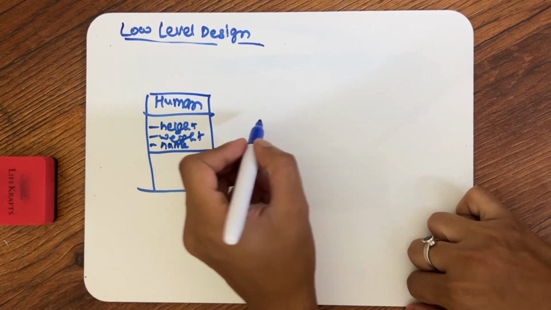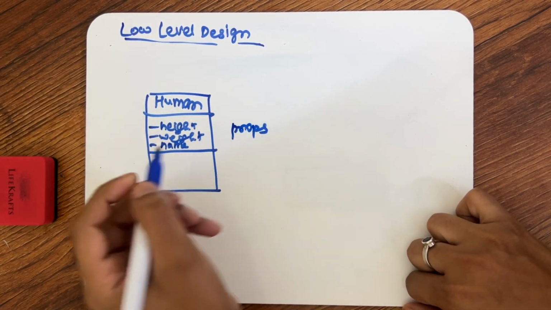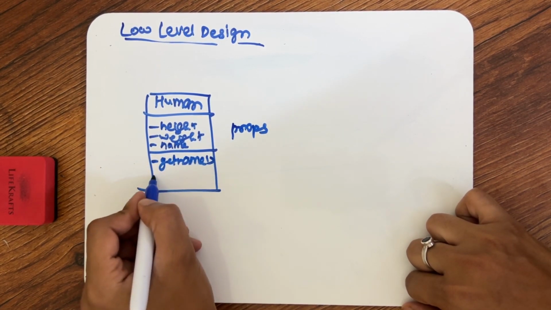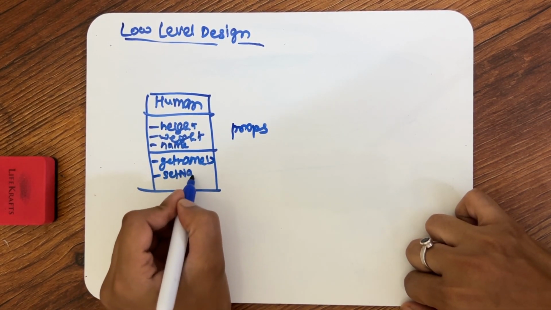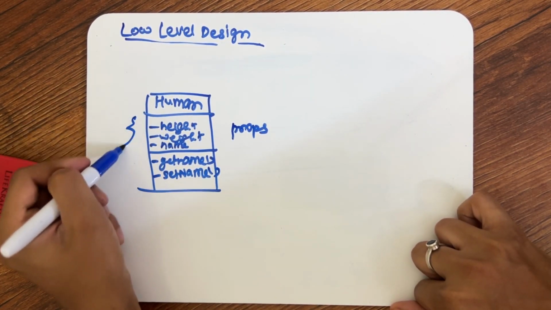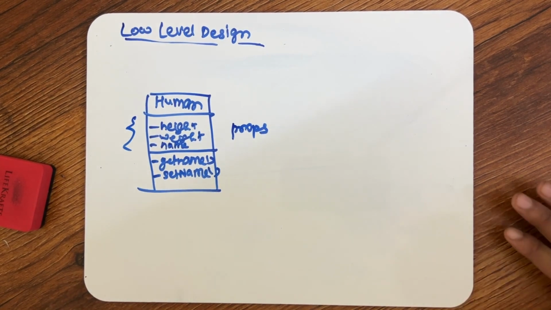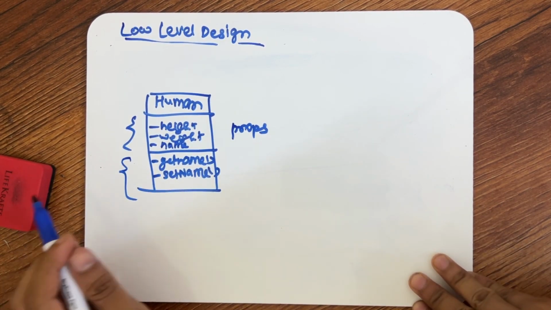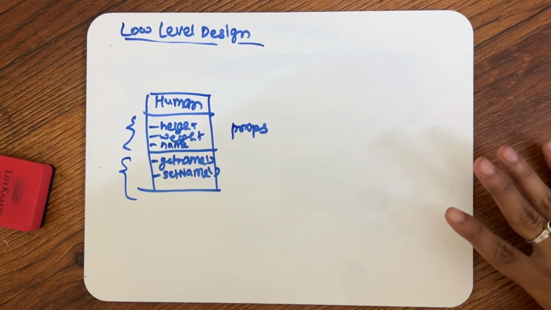What would be the methods? Methods can be get name, set name, and a lot of methods can be associated with a human, because we humans are not calm enough to sit in one place. We do a lot of actions. So a lot of methods can be created for a human.